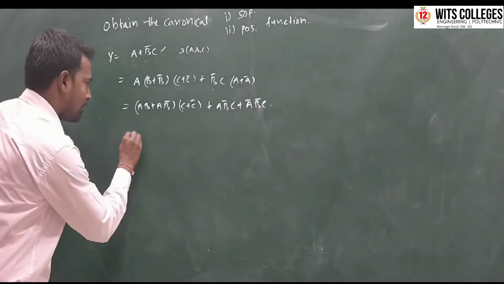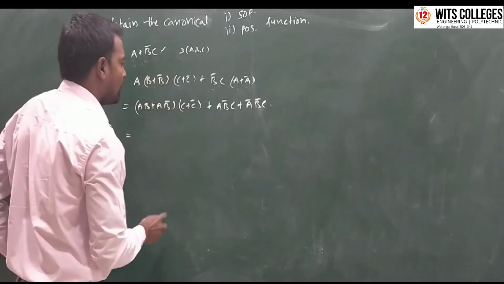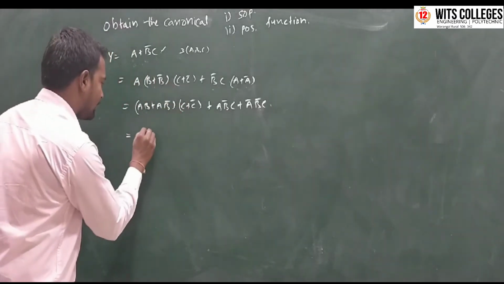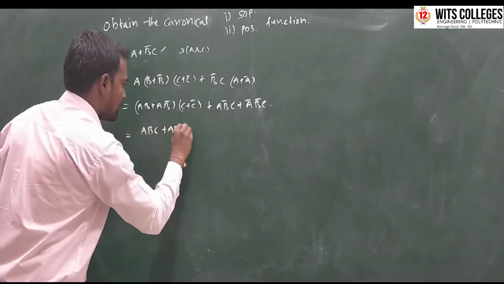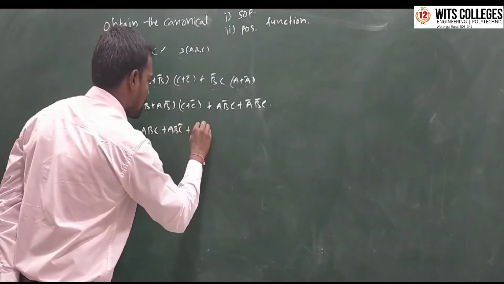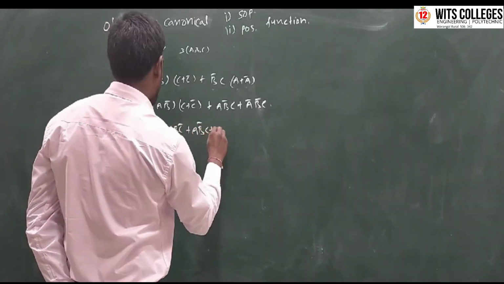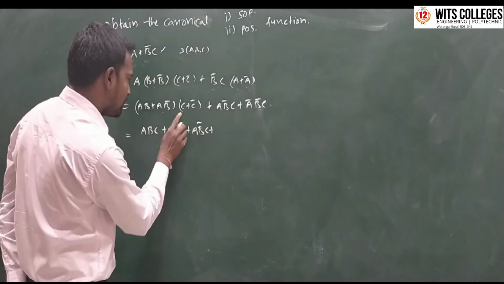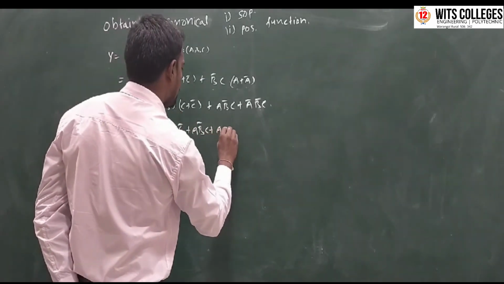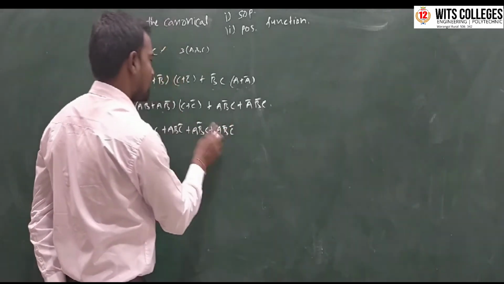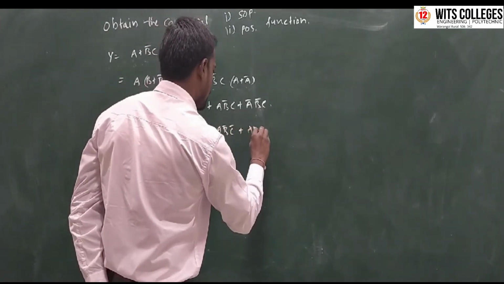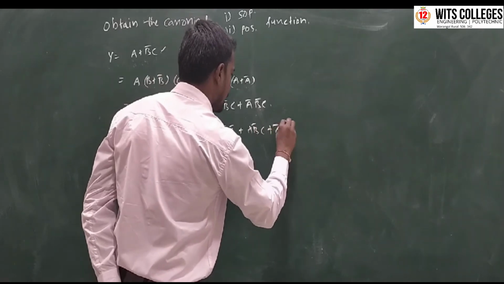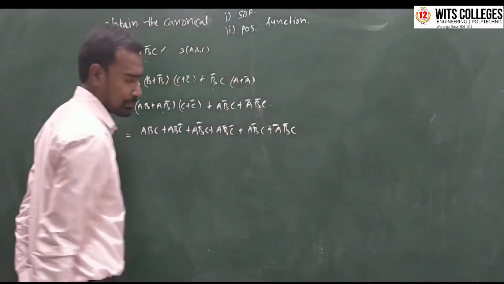Okay, and multiplying these with c plus c bar, we will get a b c plus a b c bar plus a b bar c plus a b bar c bar, plus the remaining two terms, that is a b bar c plus a bar b bar c.